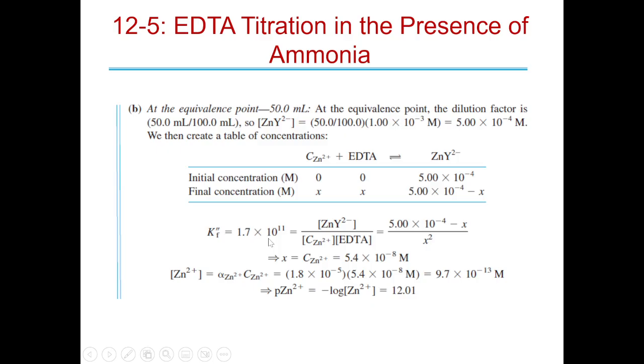We plug that into our typical KF expression. Again, we use our KF double prime that we just figured out in part A of this, though you could have waited until part B, technically, because you didn't actually use it. And we plug in these terms here for those final concentrations, the X terms that we normally get.